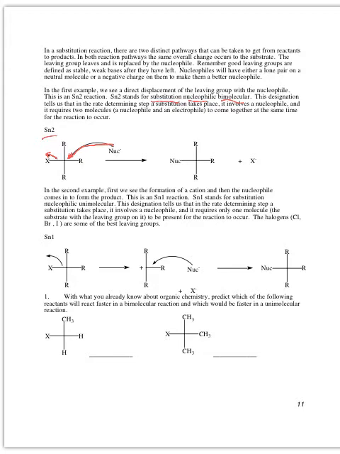In the second example, down below, we have the SN1, which is substitution nucleophilic unimolecular, where the rate determining step is the loss of the leaving group to form the cation. In this step, the only thing that matters is the concentration of the compound with a leaving group on it.